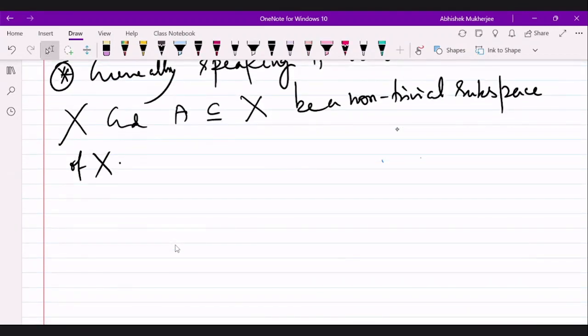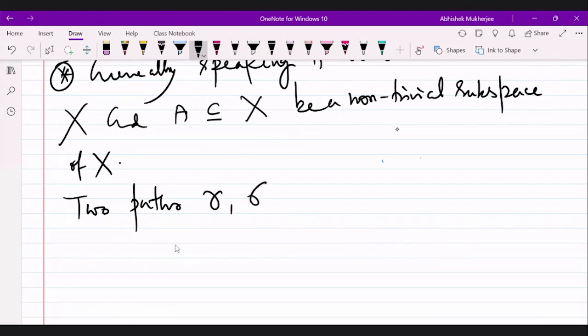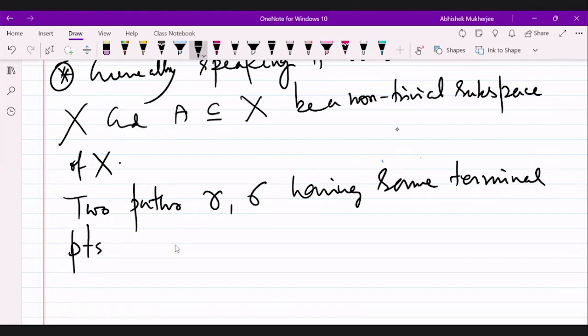Then two paths, suppose gamma and sigma, with same terminal points in A. That means we are defining the paths in A. A is a subspace of X, right?